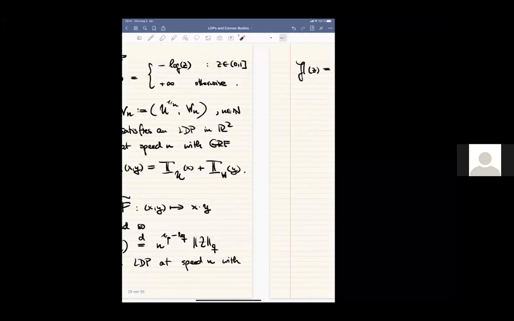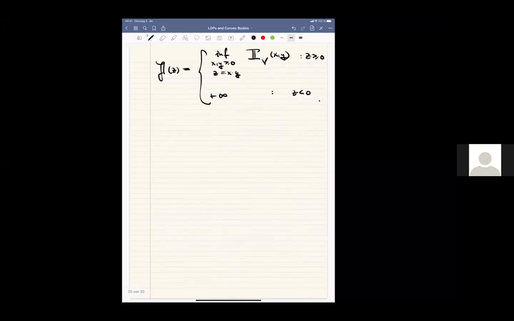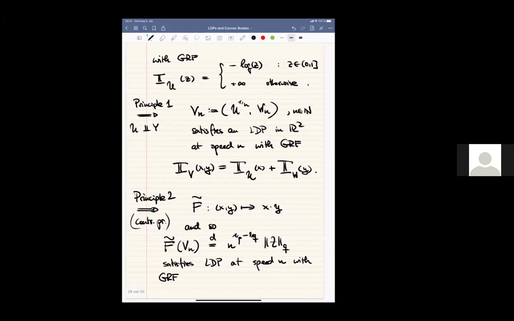So let's look at the other case, because so far we have used several principles, but not everything. So the case q is larger than p. This is maybe the more interesting case.